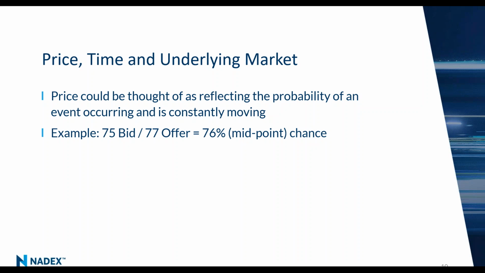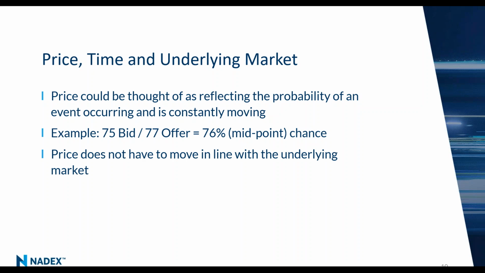Now that is going to move. That price is not stagnant. Those probability prices will move as the price of the underlying changes and as time goes on. It is important to note that the price of the binary option does not have to move in line with the underlying market, and I'm going to show that to you, particularly as we get very close to settlement or expiration.